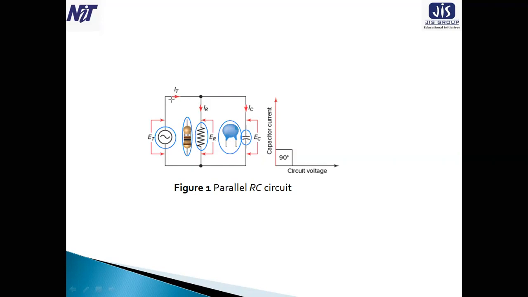Now look, this IT current divides at this node into two different paths. One current is the IC current, which flows through the capacitor. Another current flows through the resistor, that is the IR current. So IR is the current through the resistor and IC is the current through the capacitor.